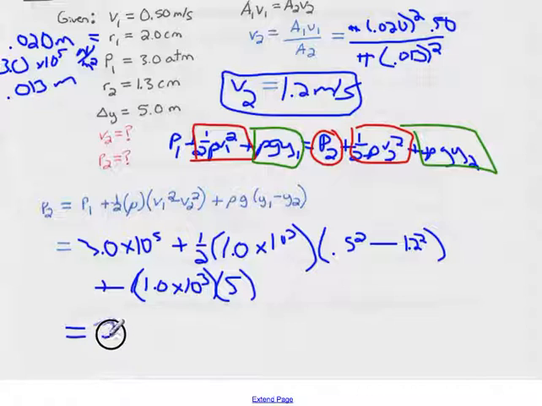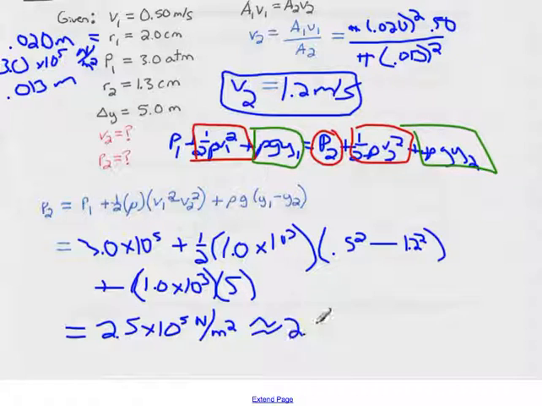So we get 2.5 times 10 to the fifth, and that's a pressure, so it's in newtons per meter squared. If you want to think about that, that's about 2.5 atmospheres, which is a smaller pressure than we started with, which is what we were looking for, so we should be good. Okay, if we have time when we get to this in class, we'll try to do some viscosity a little more, but see you later.